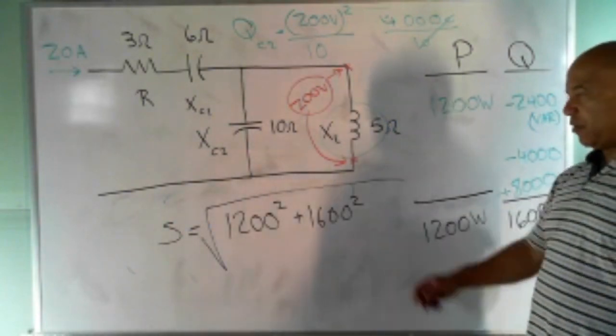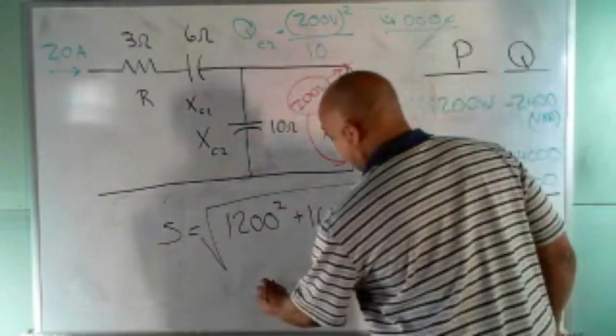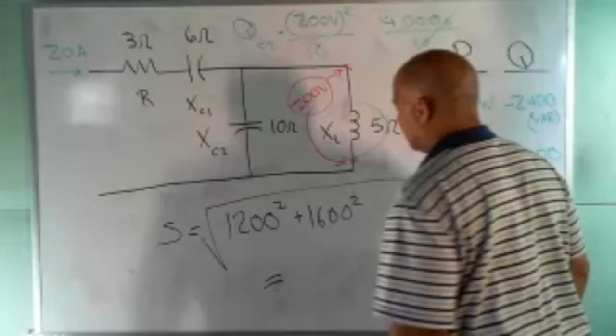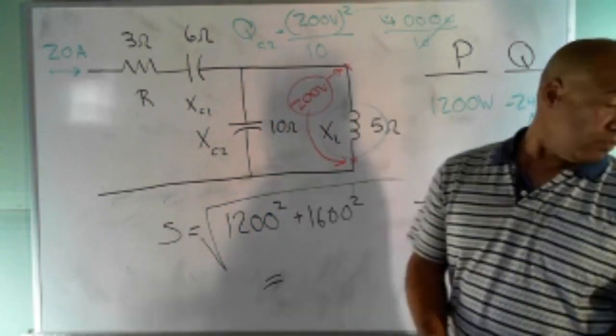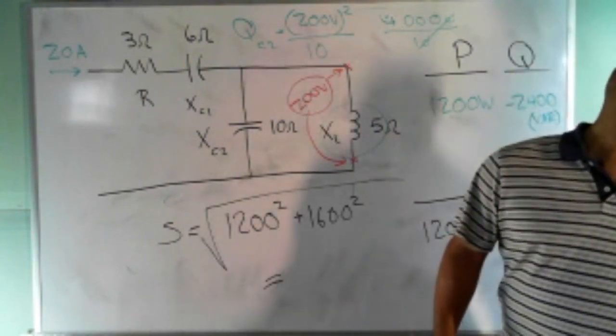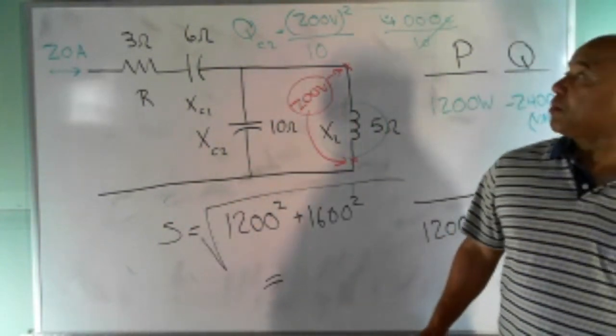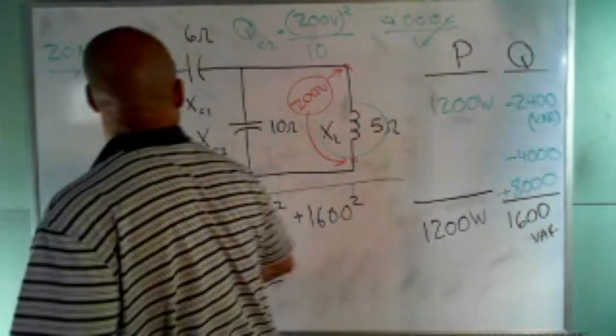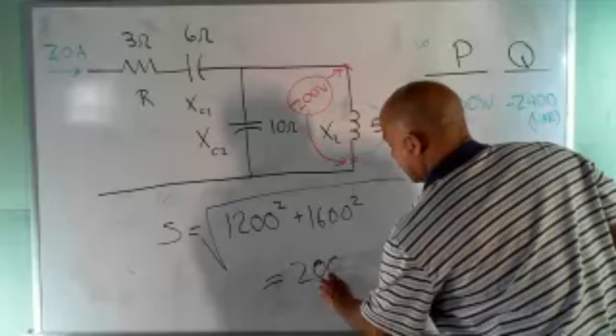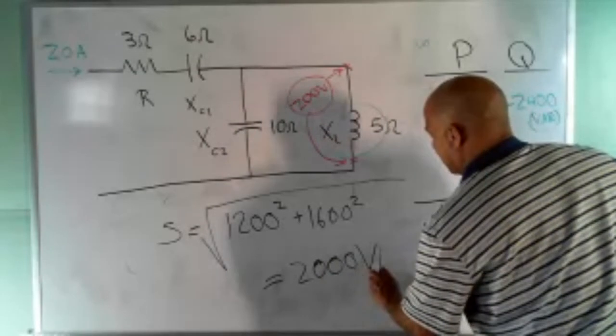But if you do this, what do you get for S? 2,000 VA. 2,000 volt amps.